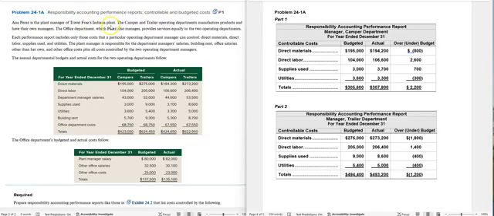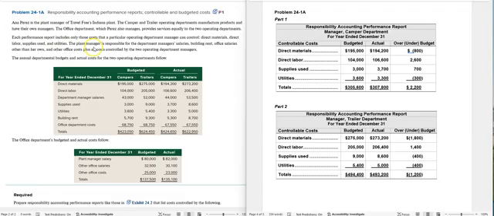Indiana plant. The camper and trailer operating departments manufacture products and have their own managers. The office department, which Perez also manages, provides its services equally to the two operating departments. Each performance report includes only those costs that a particular operating department manager can control: direct materials, direct labor, supplies, and utilities.